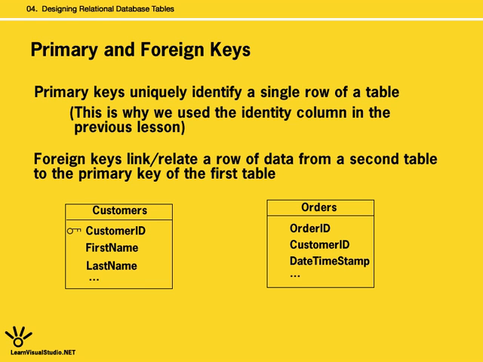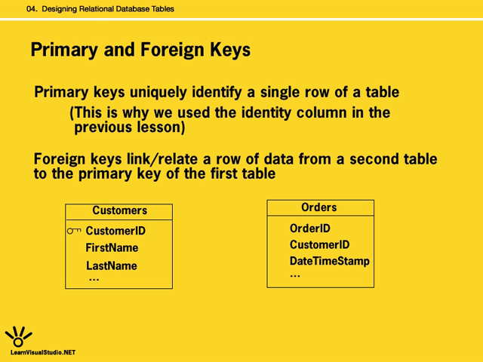Next, I have a second table that I've created called orders. And I've defined a column called order ID, and my intent is to make that the primary key of this table. Now, the next field down, the customer ID column, I intend for this to be the foreign key, and I'll use this to relate the orders back to the customer.